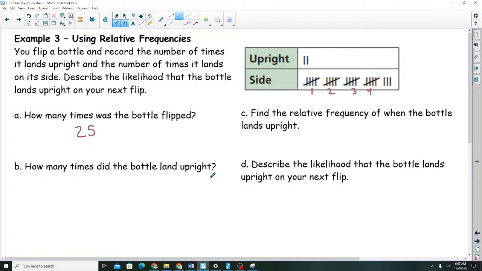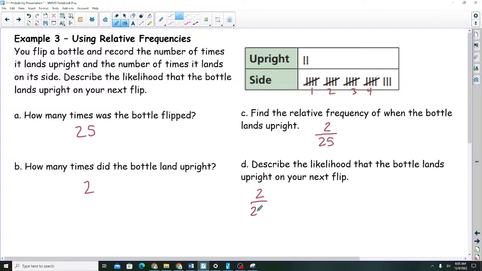How many times did the bottle land upright? 2. Find the relative frequency of when the bottle lands upright. So the event of landing upright happened twice out of all the possible times that we flipped the bottle. So we want to describe the likelihood.